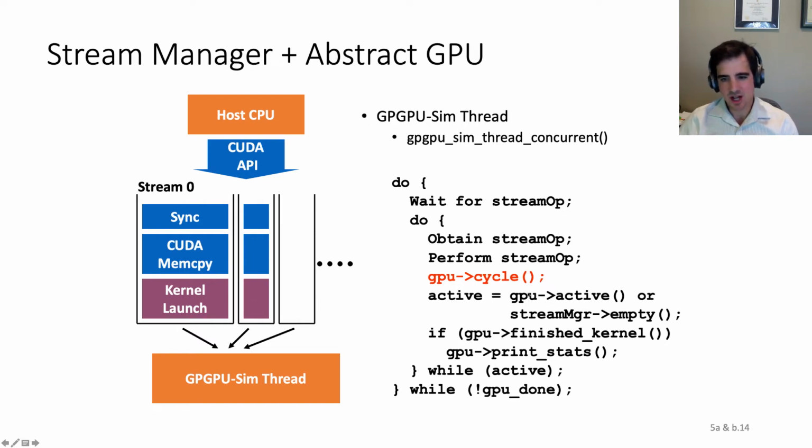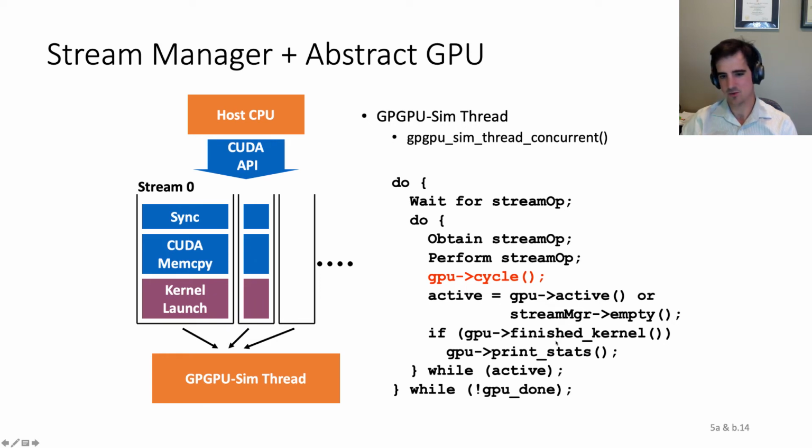Then the actual cycle of the GPU happens inside this loop. As long as the GPU is active, we're going to keep calling the cycle function, and that cycle function will then go and cycle all of the different elements in the GPU in a hierarchical way. We're going to do this for as long as the GPU is active or the stream manager is empty. So we're just going to keep going through here.